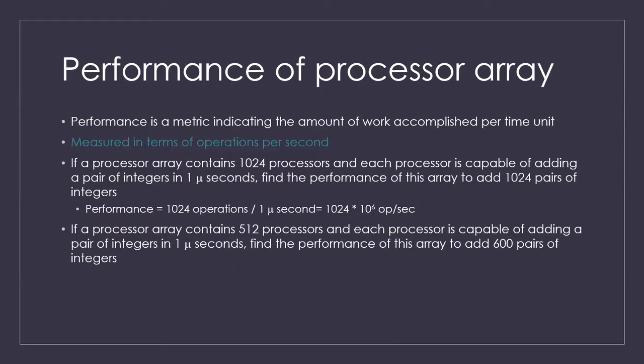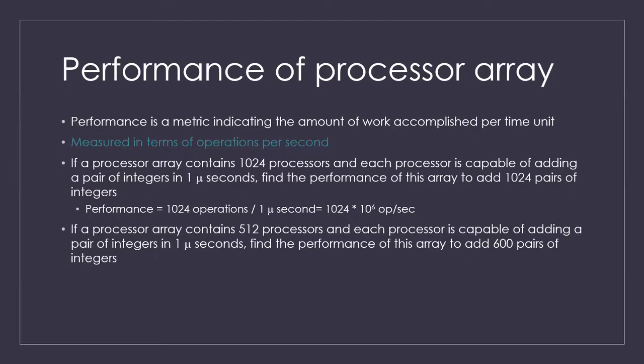So the performance is given by 1024 operations divided by 1 microsecond, which is equal to 1024 divided by 10 raised to minus 6, which is equal to 1024 into 10 raised to 6 operations per second. So hope you are clear with the calculation.